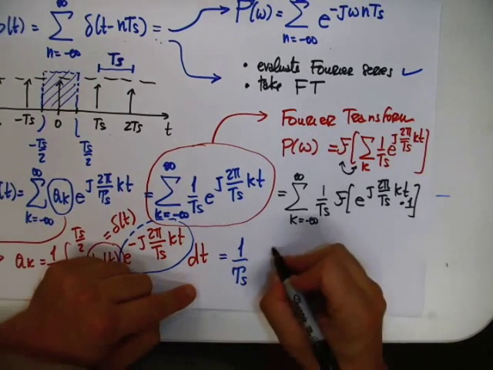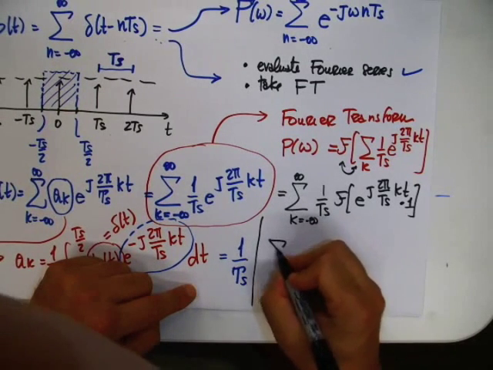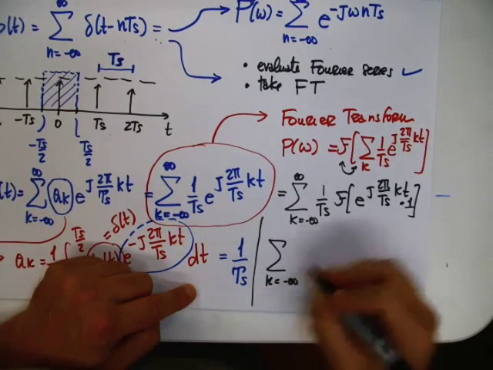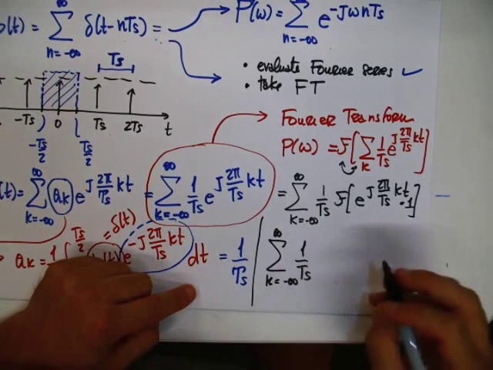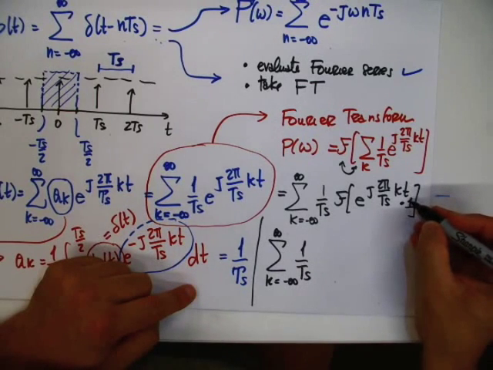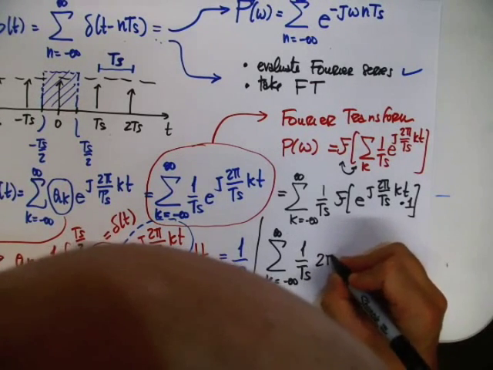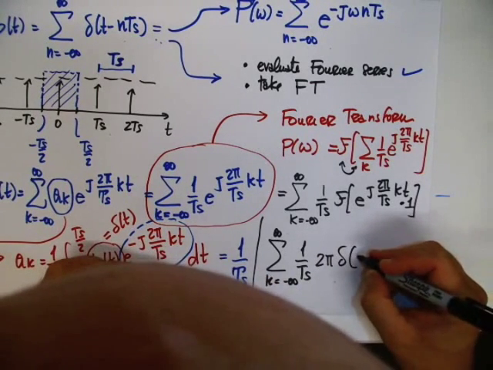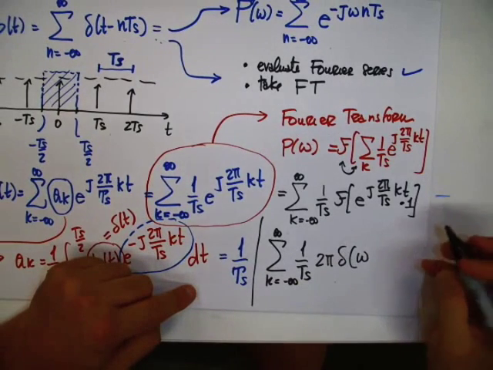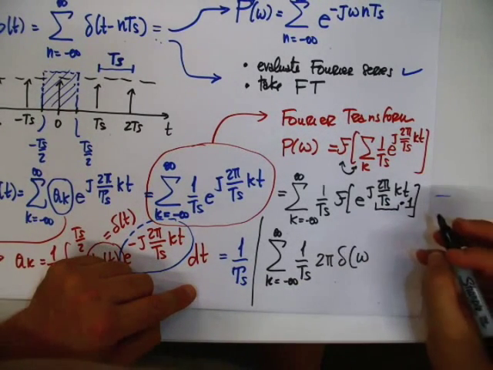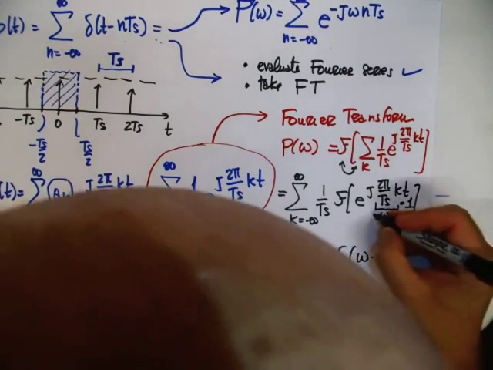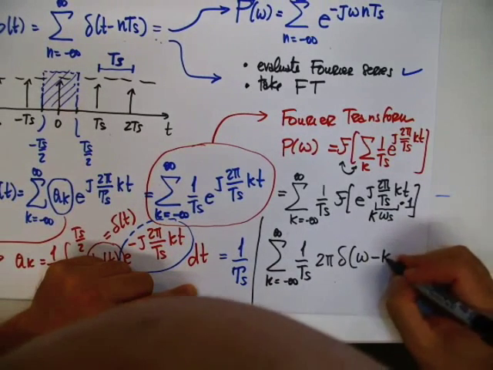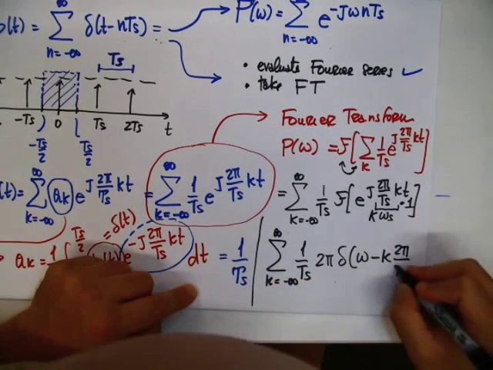So this is equal to the sum from k equals minus infinity to infinity of 1 over Ts times the Fourier transform of 1, which is basically 2 pi delta(omega), but shifted by this frequency, so delta(omega minus k 2 pi over Ts).